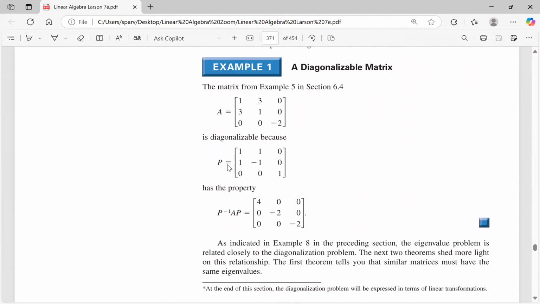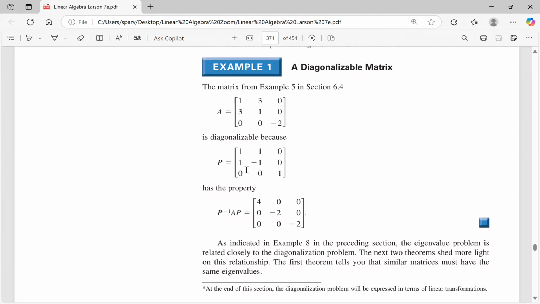Now, I'll show you how this works. In his example, suppose he has this matrix, and this matrix is diagonalizable because there is a matrix P. I'll show you how to find P in a few minutes. This P is directly related to the eigenvectors of A. But let's say we know what this matrix P is.